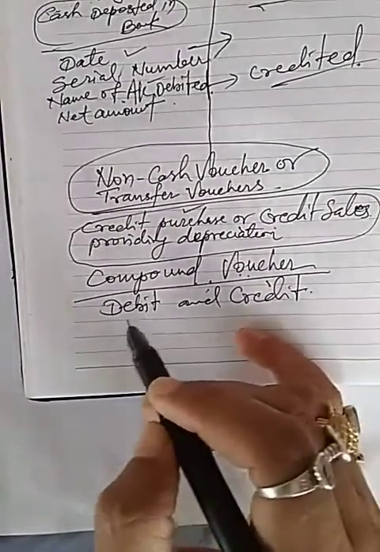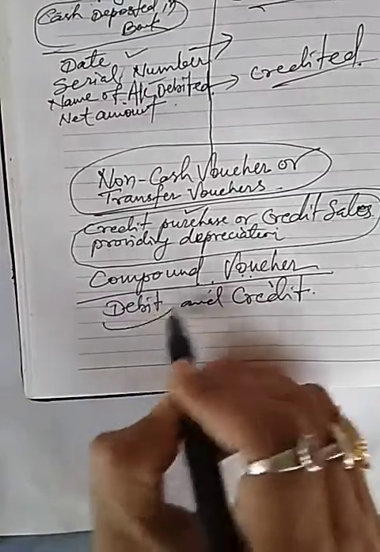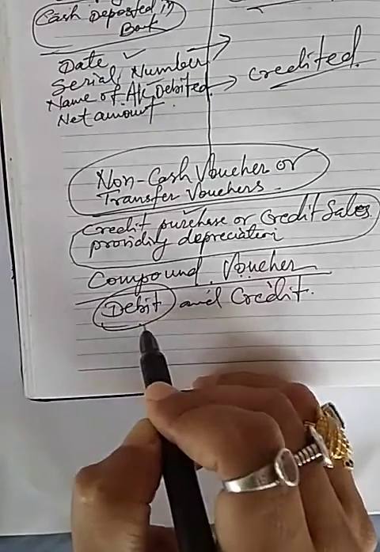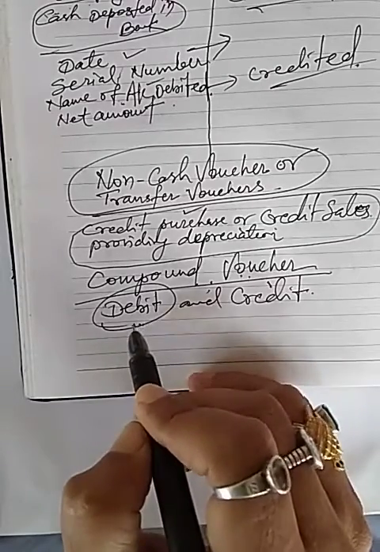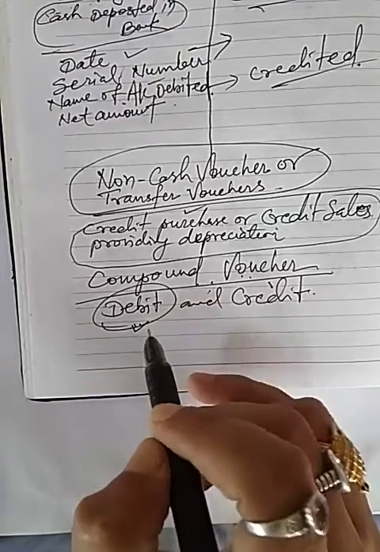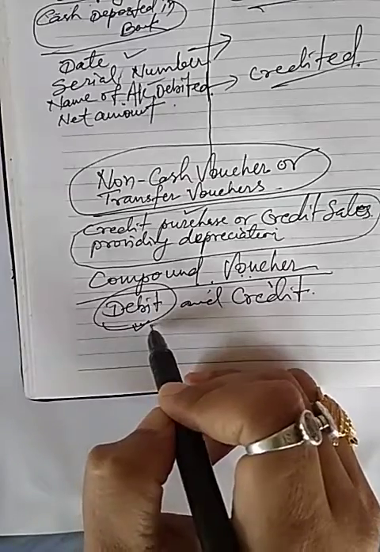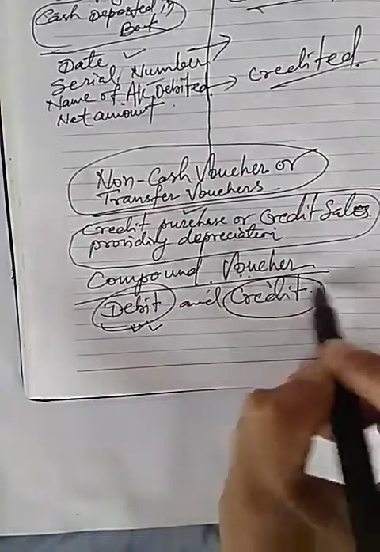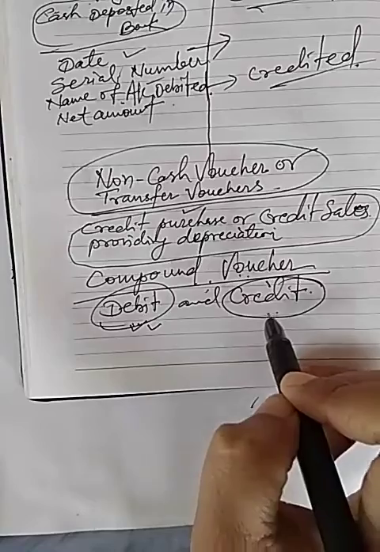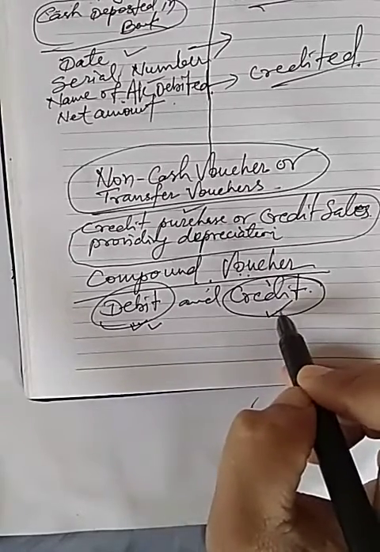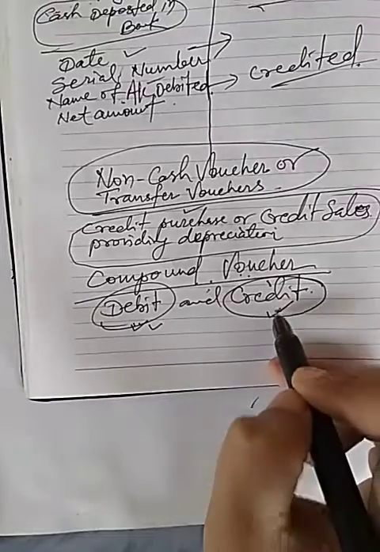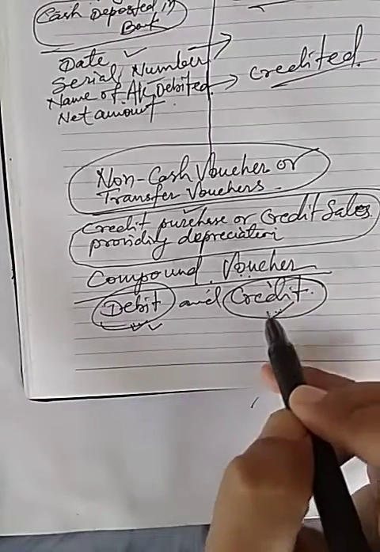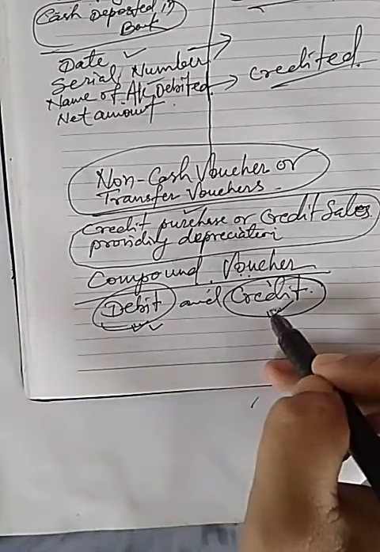Debit voucher is a document showing a transaction that contains multiple debits and one credit. But credit voucher is a document showing a transaction that contains multiple credits and one debit.